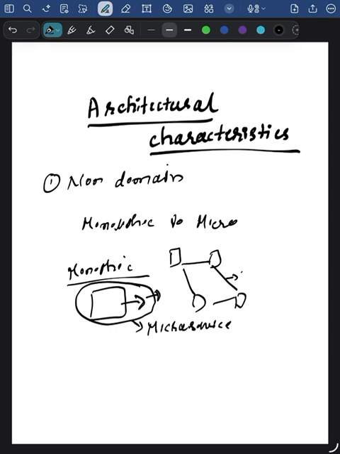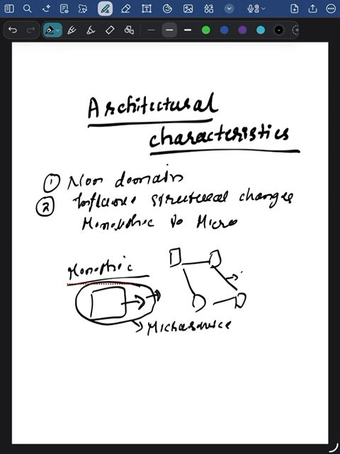This is how the architectural characteristics impact structural changes. So that is our second point: it should influence structural changes.